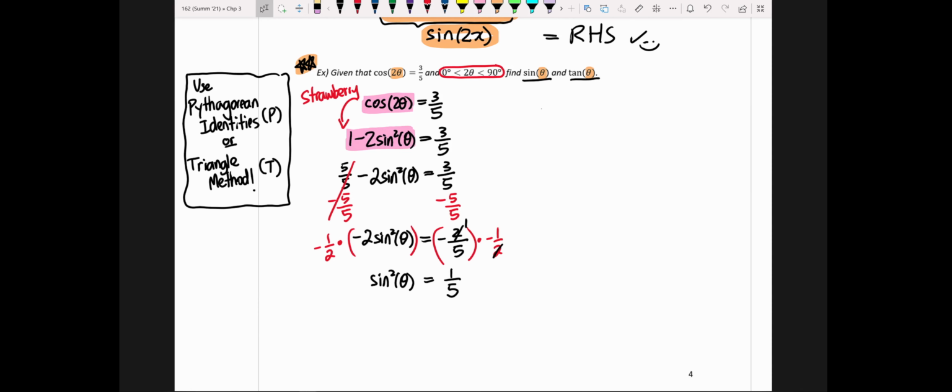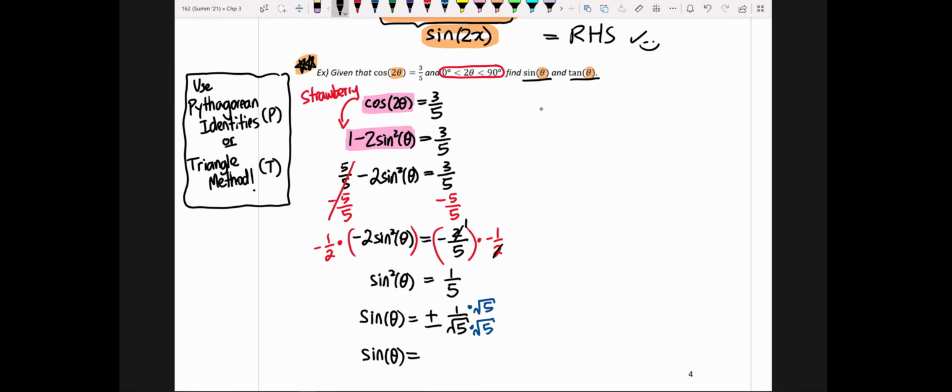Okay, so sine by itself is going to be plus or minus 1 over root 5. Remember, we always need to rationalize the denominator when we have square roots in the denominator.